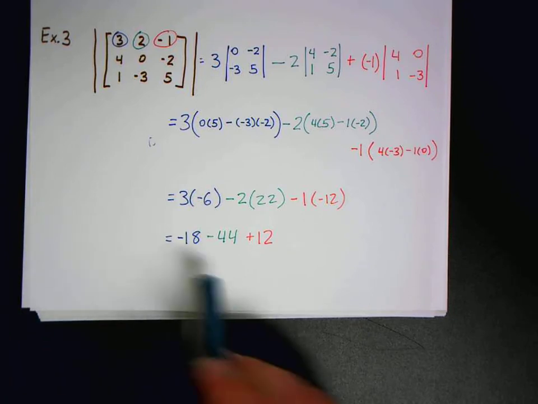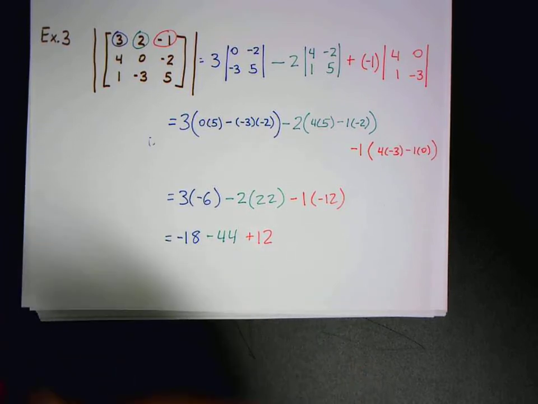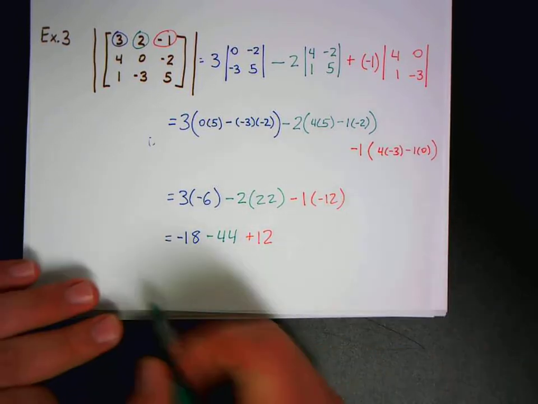So that ends up being negative 6, negative, and negative 44, so negative 50.